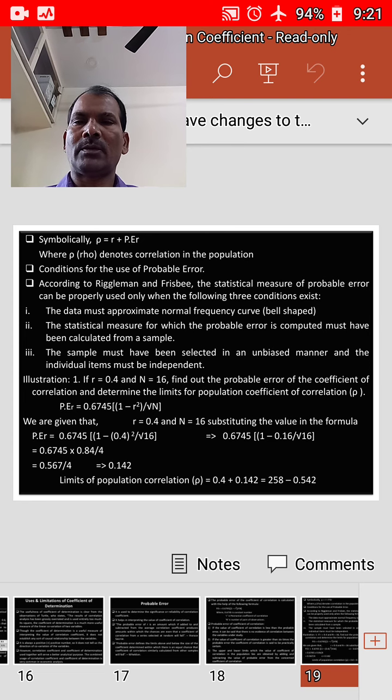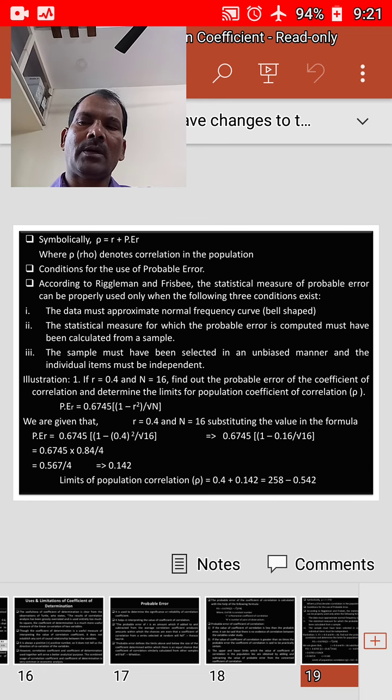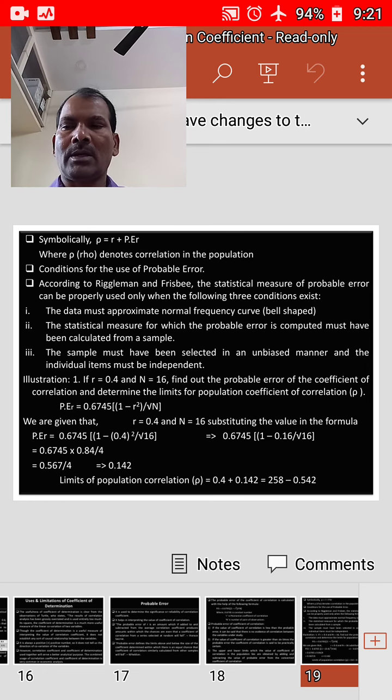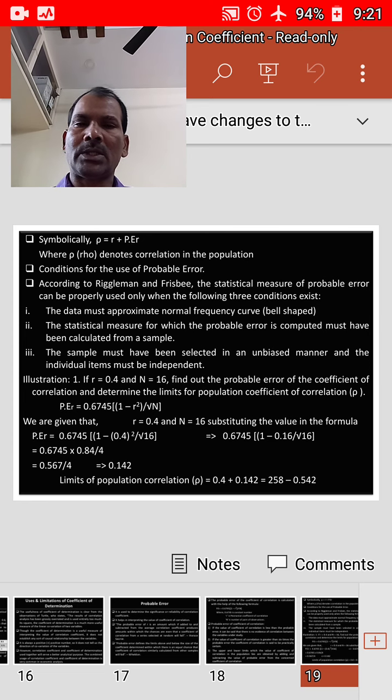Conditions for the use of probable error: according to Riggleman and Frisbee, the statistical measures of probable error can be properly used only when three conditions exist. That is, the first condition is that data must approximate a normal frequency curve, that is a bell shaped curve.